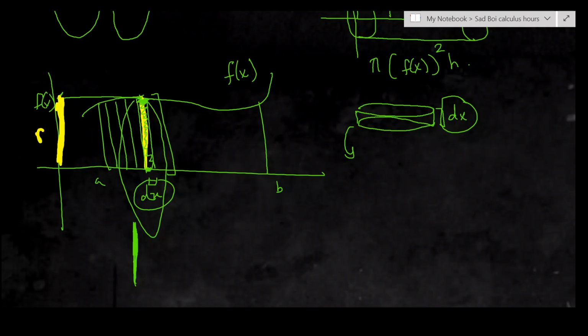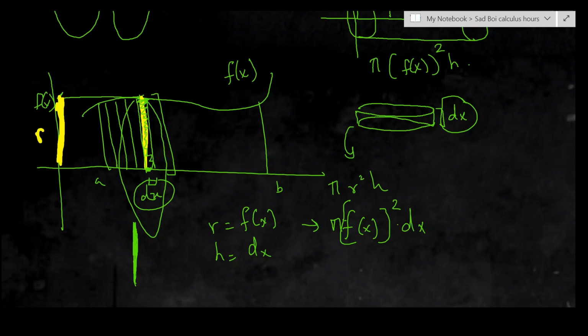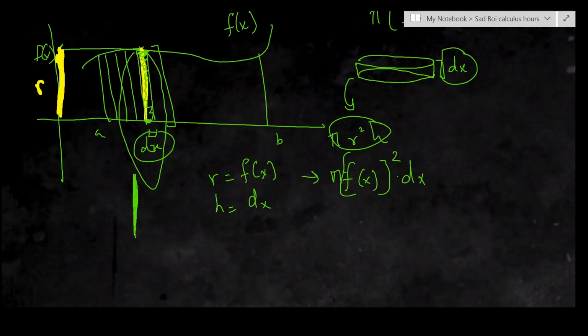How can we calculate the volume generated when we revolve this segment around the x-axis? We get the radius to be f of x and the height of the cylinder to be dx. So the volume is going to be pi f of x squared dx, that is pi r squared h.